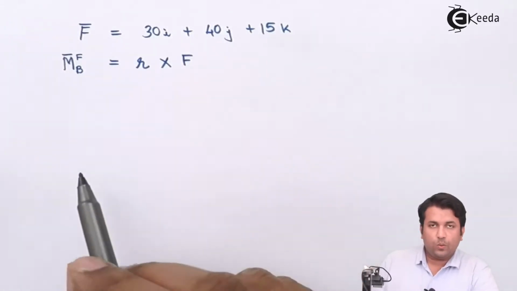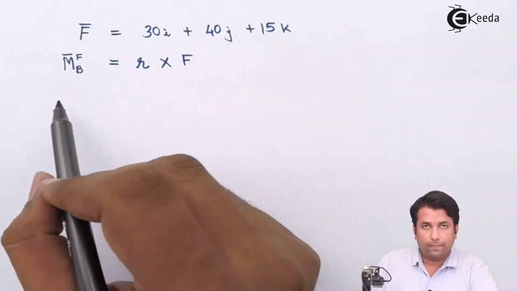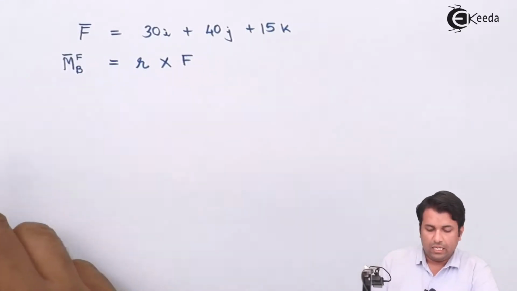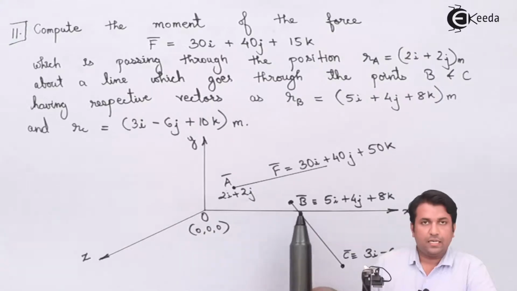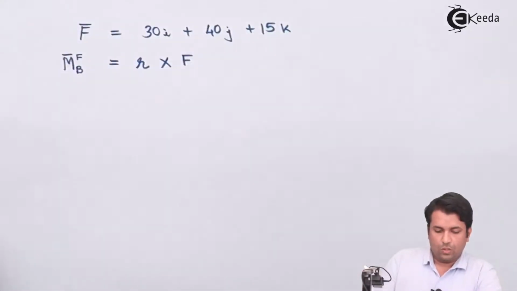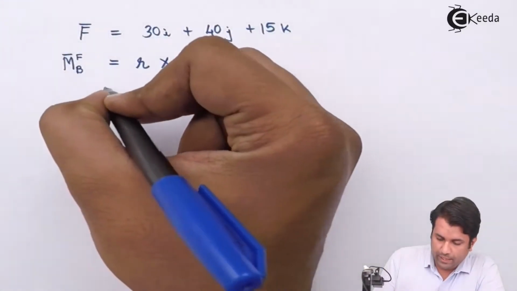Now the position vector R will be the position vector of point A and B. So I'll just write it over here.